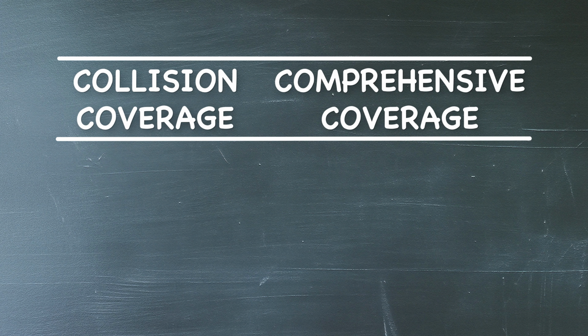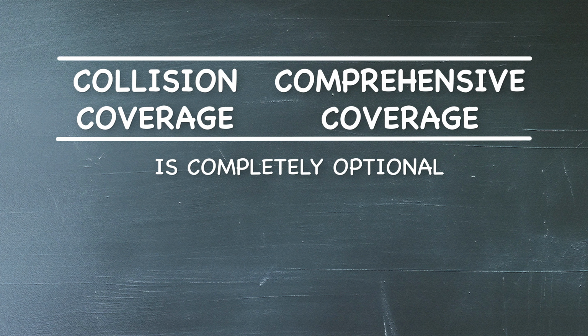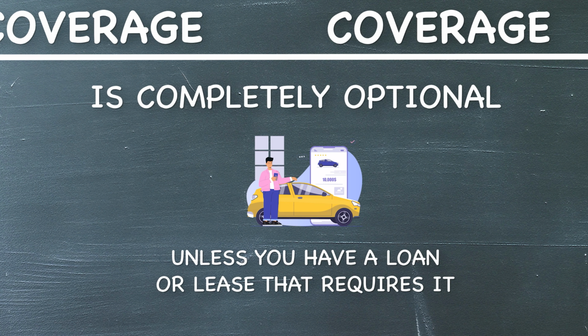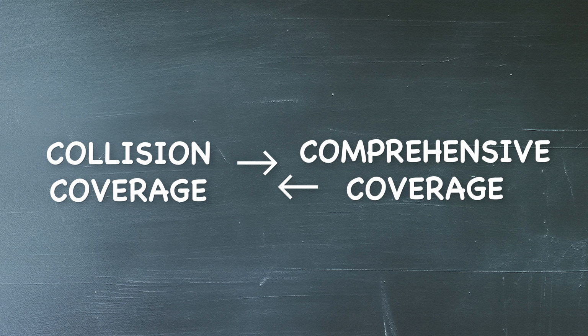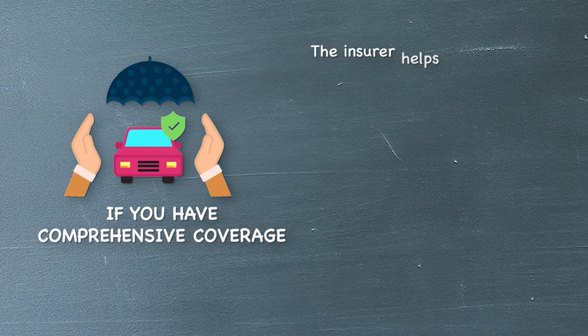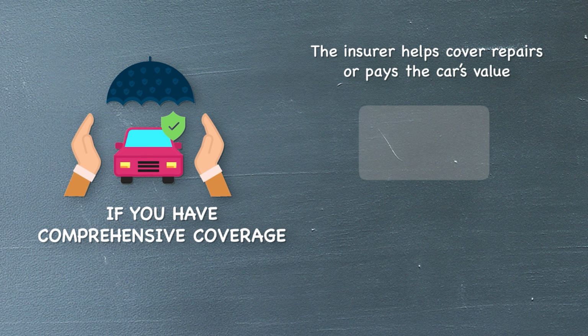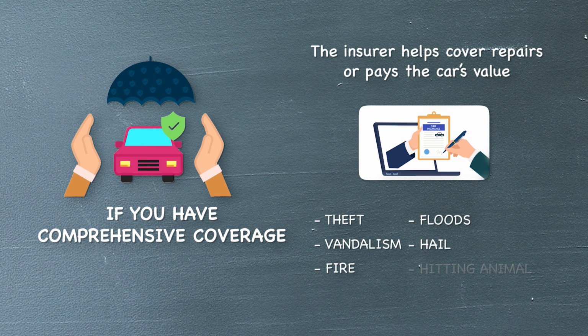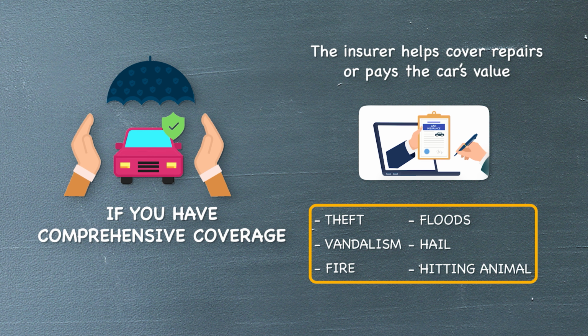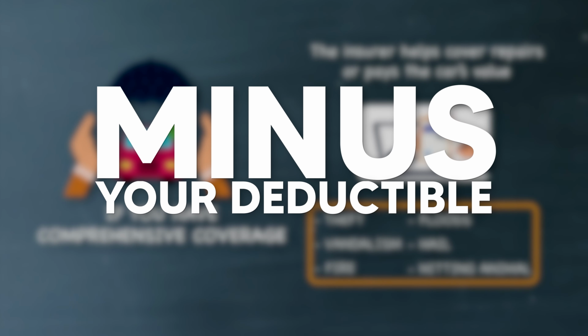Like collision coverage, comprehensive is completely optional unless you have a specific loan or lease with your car that requires it, but it's often paired with collision as part of what people call full coverage. If you have comprehensive coverage, your insurer will help pay for repairs or for the value of the car if it's totaled by one of these non-accident events, minus, of course, your deductible.